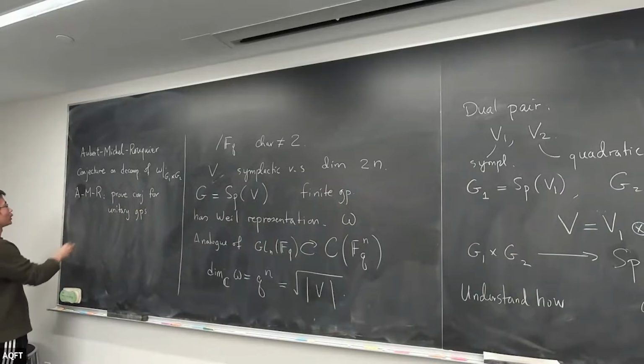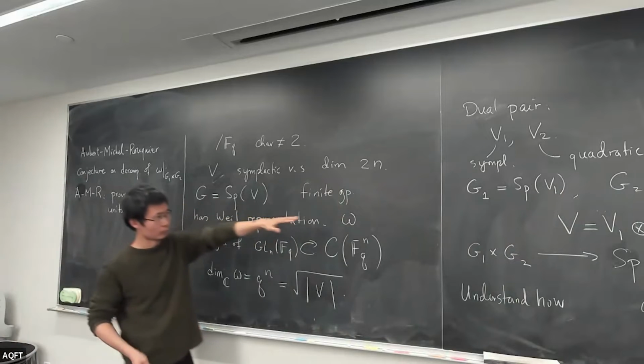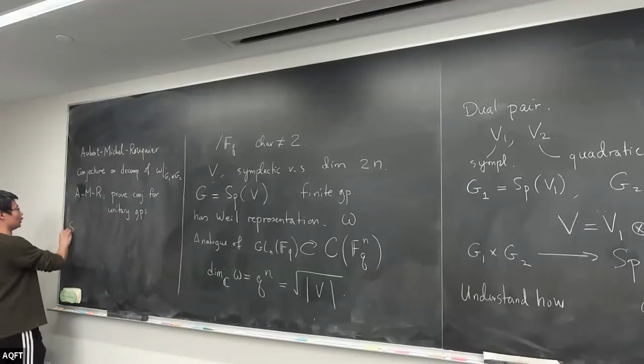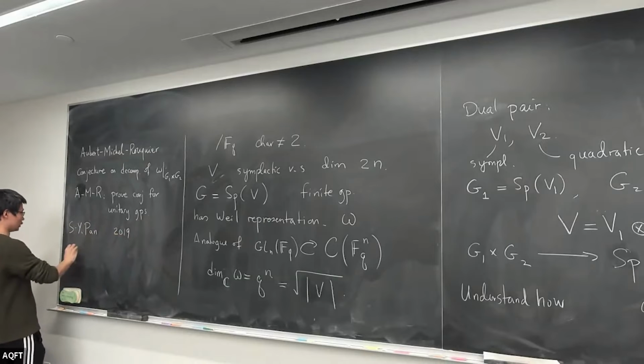Much more recently, there have been two papers that prove the actual conjecture for the symplectic and orthogonal dual pair. The first is by Jialiang around 19, and another group gave a much simpler proof.